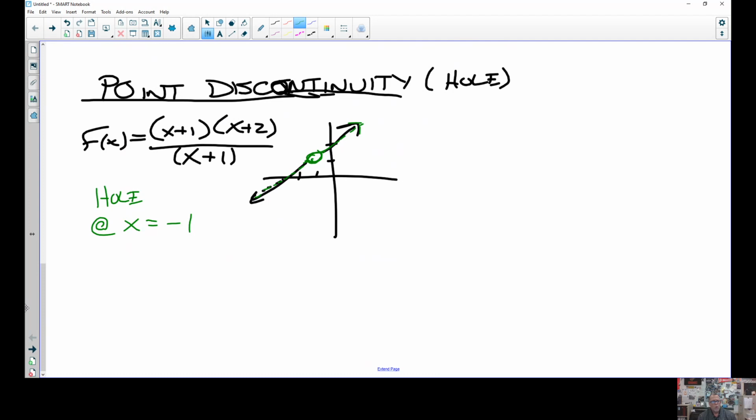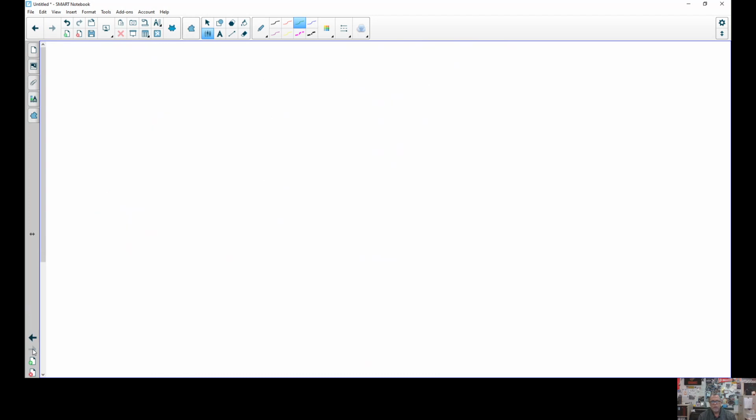All right. But how are we going to work with this? We are going to do something called a continuity test. We are going to be asked to decide, is a function continuous at a point? We're going to investigate a single point in a graph. So the continuity test at a point is something we need to know.